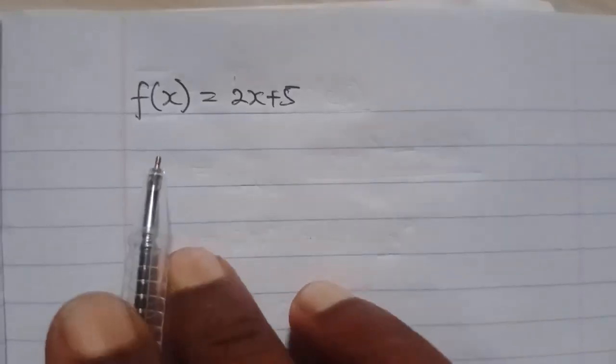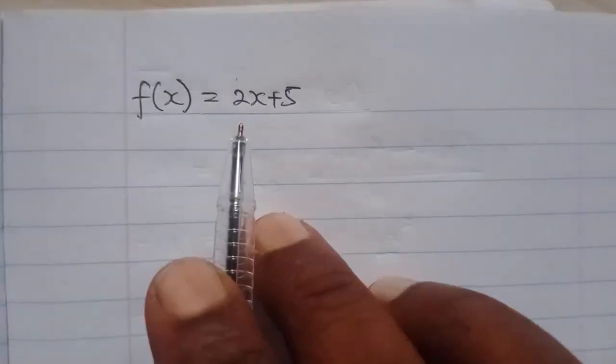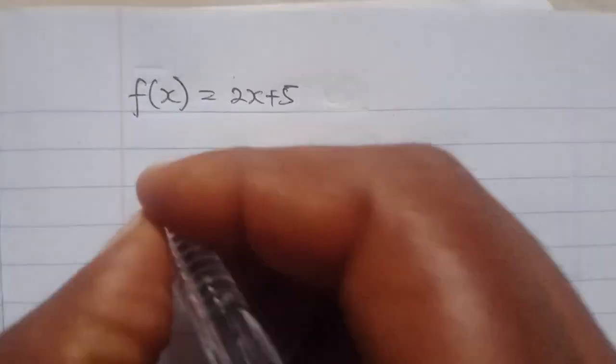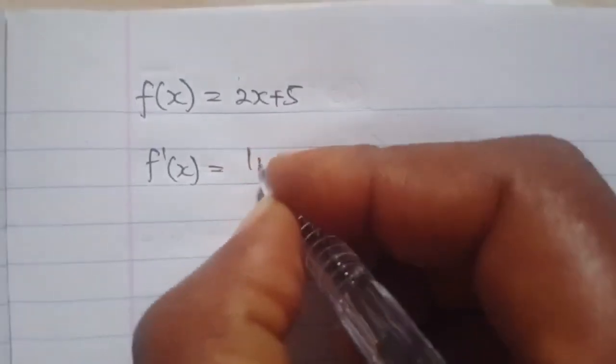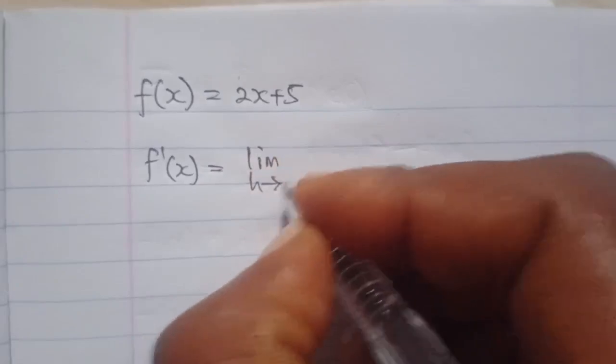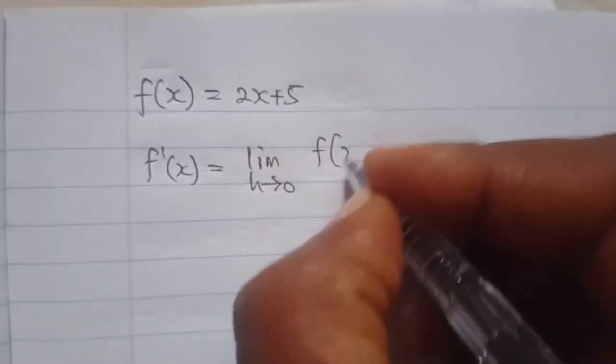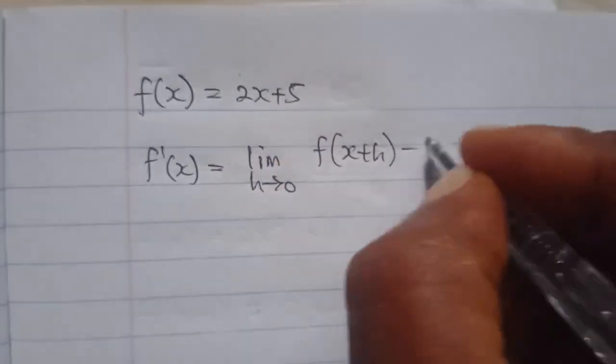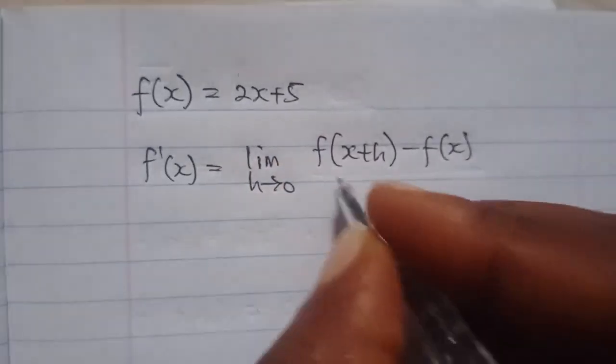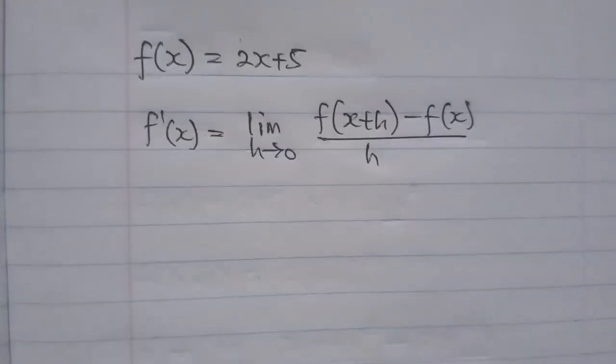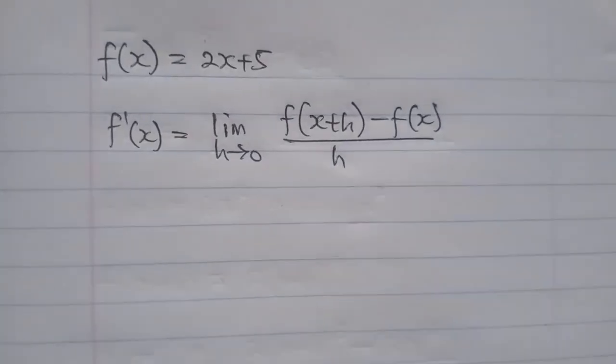Another example using first principles to differentiate this. So let's write the formula: f prime of x is equal to the limit as h tends to 0 of f of x plus h minus f of x, all over h. So let's take them one after the other.